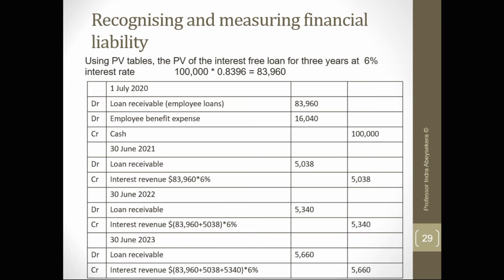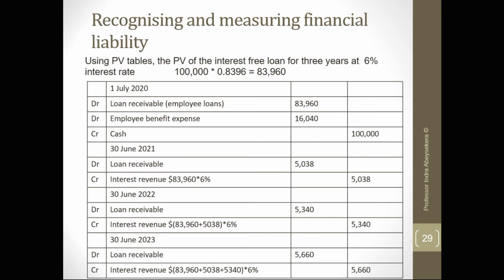So we record the value of the loan, and the cash that was paid out was 100,000. The difference becomes an expense to the organization for the benefit it provided to the employee.